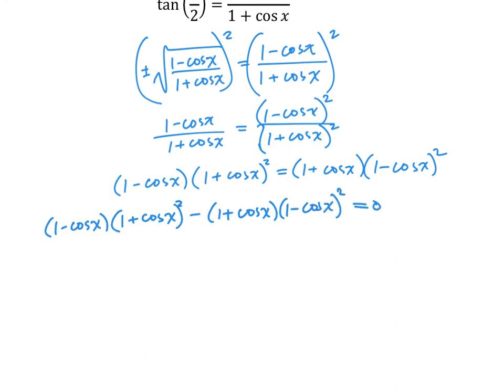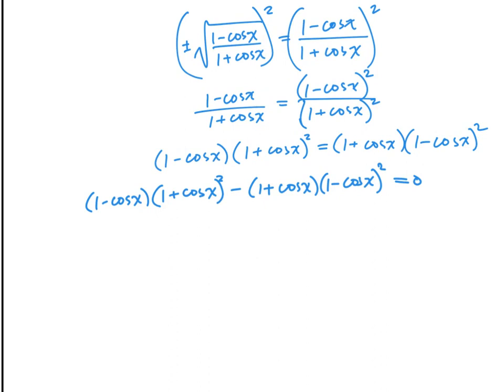Now I'm going to look for the greatest common factor between the two, meaning the first term and second term, because they're separated by a big minus sign. I'm looking for the things that are the same between them, which is very apparent. There's 1 minus cosine, there are 2 here, there's 1 plus cosine, and there is 1 here. So basically, they all share 1 of each.